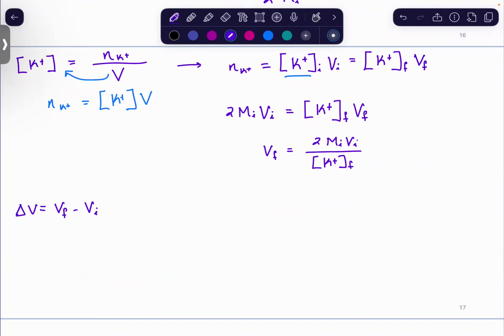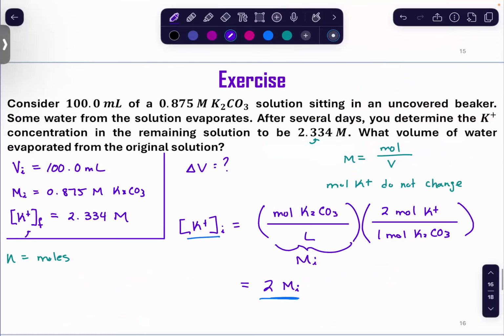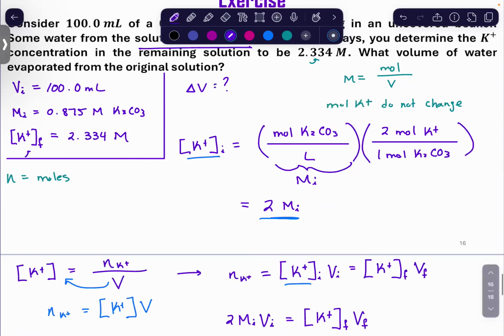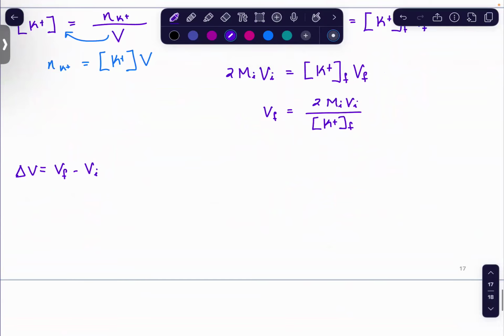However, and again, I want you to work on wrapping your mind around this. Concentration as water evaporates is going up. But also, as water evaporates, volume is decreasing. So that means if volume is decreasing, delta V is a negative number.